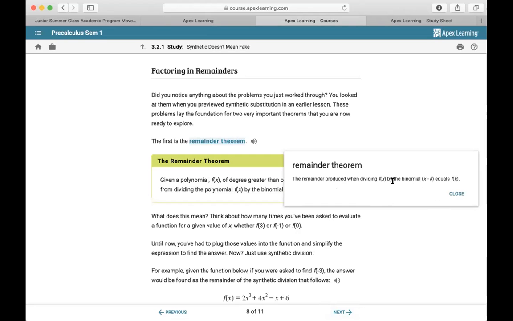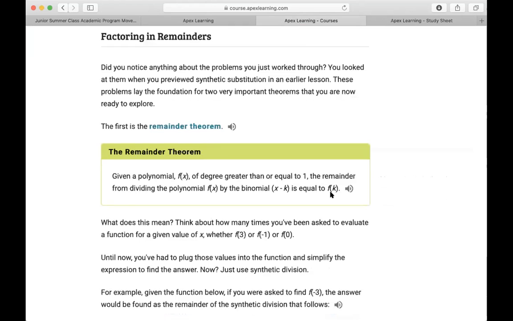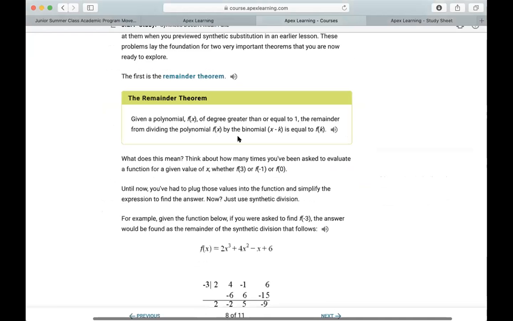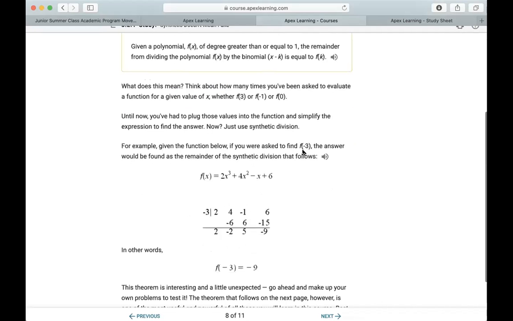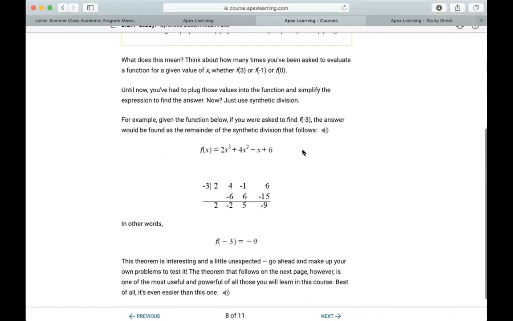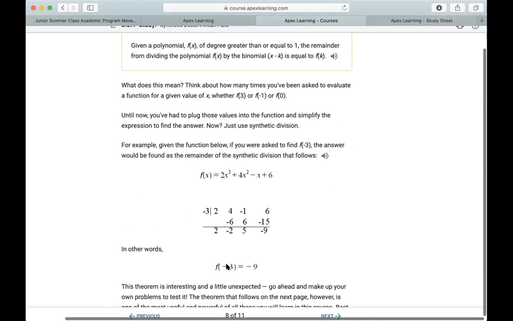We'll work through a couple examples, but it says given a polynomial f of x of degree greater than or equal to 1, so it's linear or better, the remainder for the polynomial is k. So in other words, if f of -3 is equal to -9, f of -3 is equal to -9.